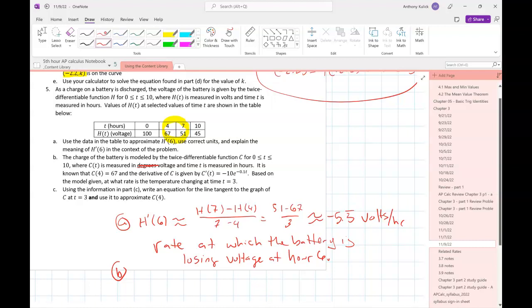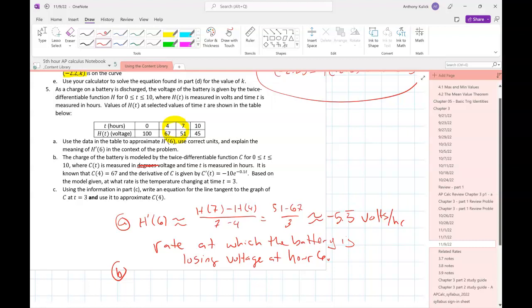So C is a model for the data in the table. C is not the same as H. It's the model that would be like if we did an exponential regression. If we took all the data and used the exponential regression, we could build that.